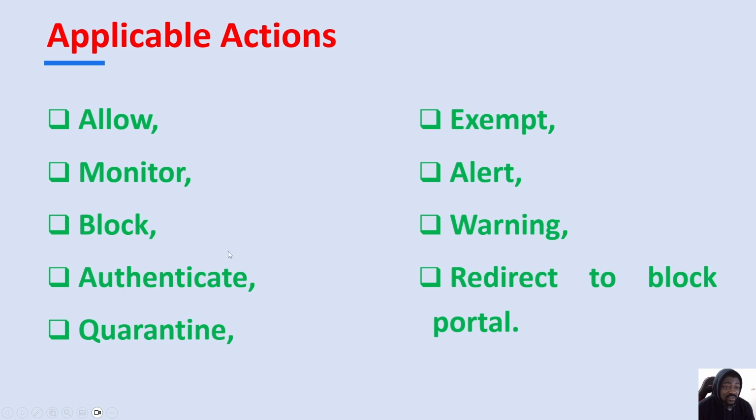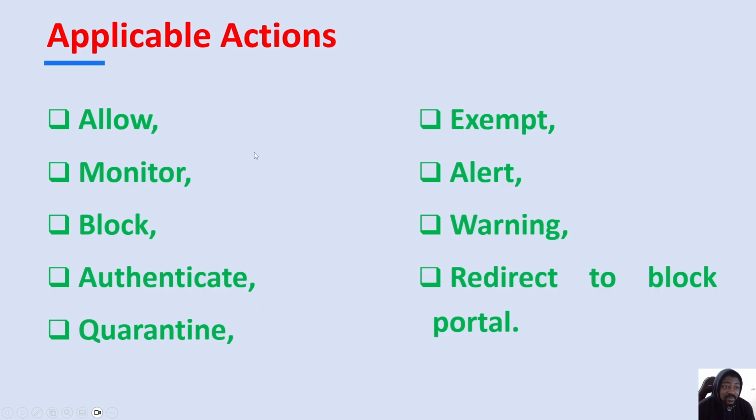There are some actions that you will see on web filtering that are not available on video filtering, or on another profile. Depending on the selected security profile, you will see the actions available for that specific profile. Here we have allow, monitor, block, authenticate, quarantine, exempt, alert, warning, and redirect to block portal. Most of these we'll see.